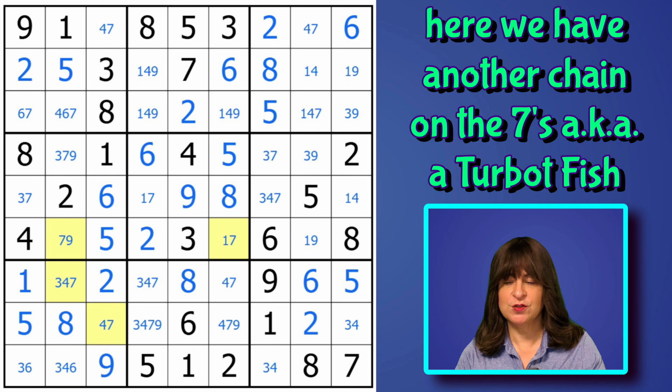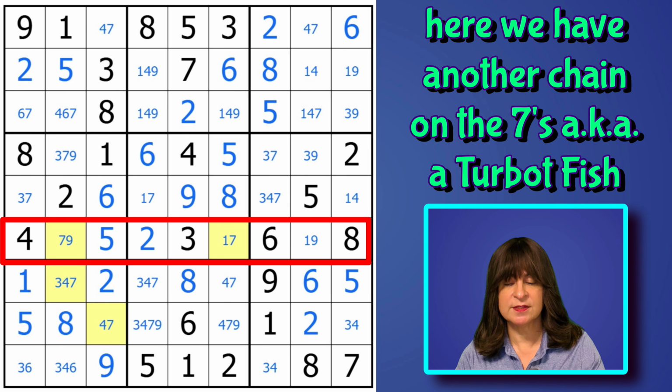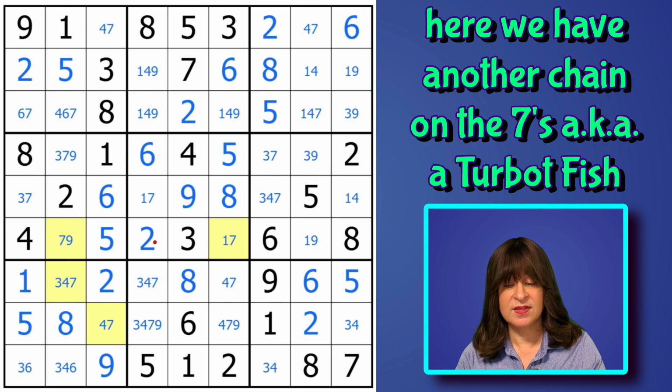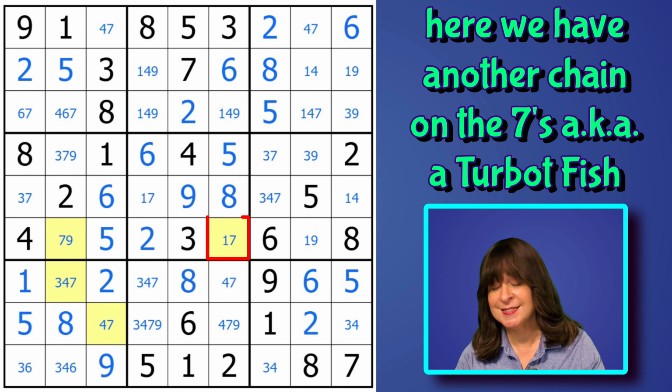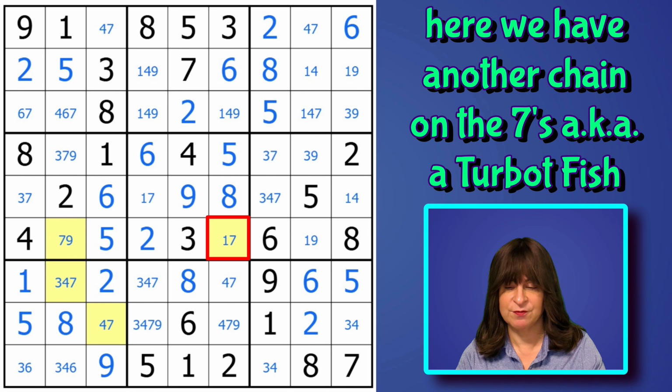Since there are just 2 7s in the block, this cell is either true, meaning a 7, or this cell is a 7. If this is the 7, then this 7-9 cell cannot be a 7. And since there are only 2 7s in the row, that would make this 1-7 cell a 7. So either this cell with the 4-7 is a 7, or this cell with the 1-7 is a 7.